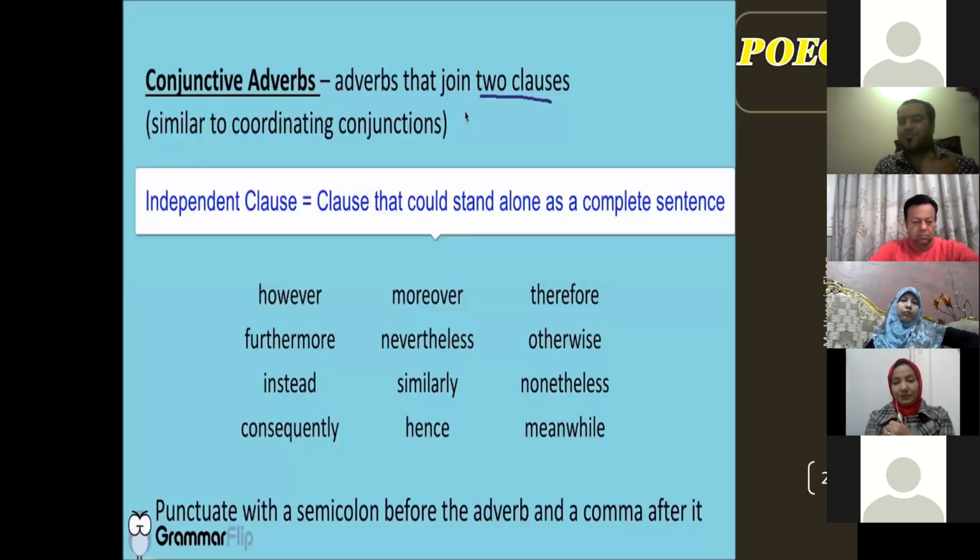So here are some of the conjunctive adverbs that you can use. There is no need to take pictures or screenshots of anything, because you have the whole material, inshallah. So have a look at the words. Some of them are used to express opposite ideas, or some give you a result or reasons for what you're doing, or to add more information.